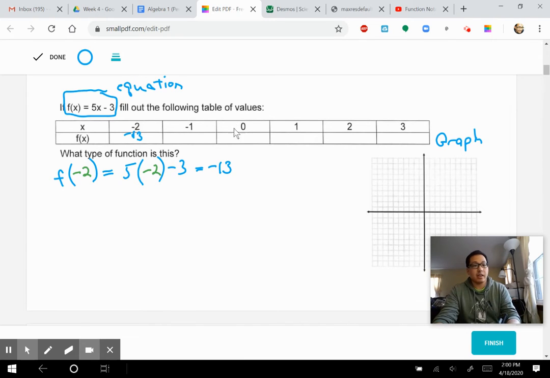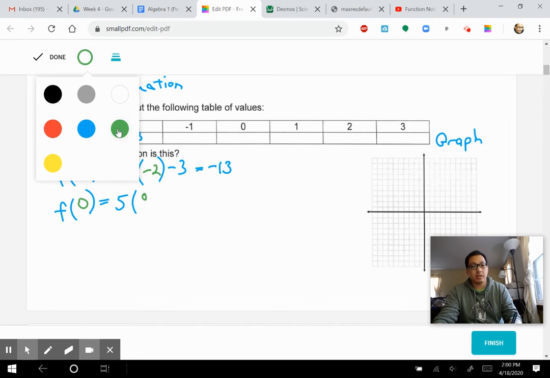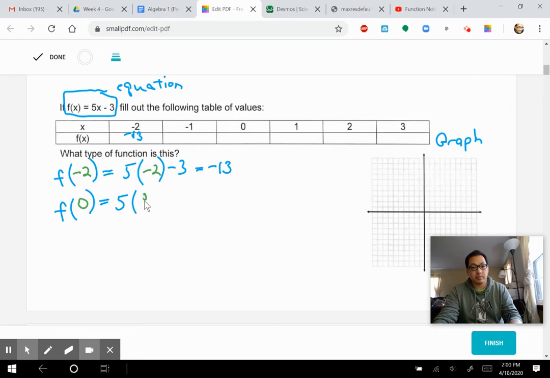We could try it again at, say, the value 0. What is f of, now our input is going to be 0. If we want to fill in this box, we've got the same equation, so 5 times our input, 0. That came out a little weird. Let me try to erase that.